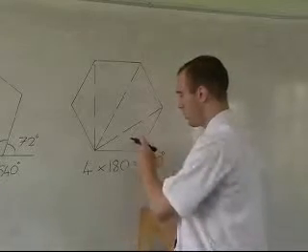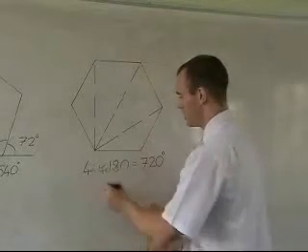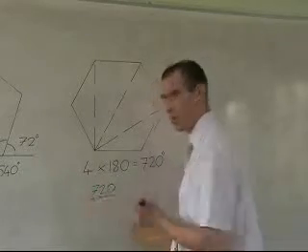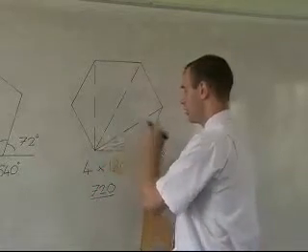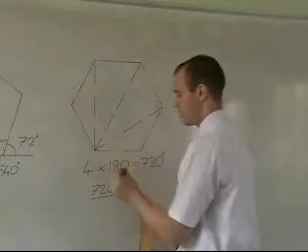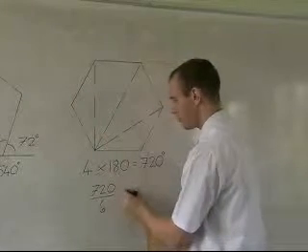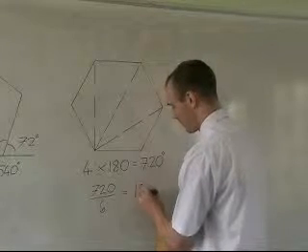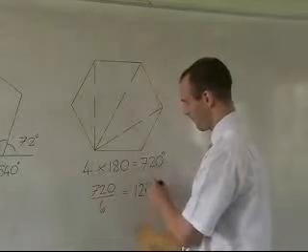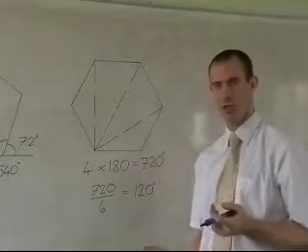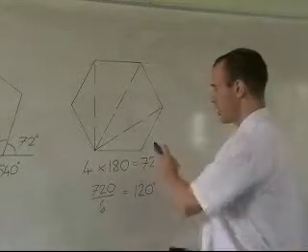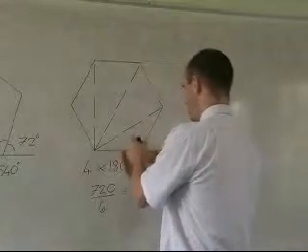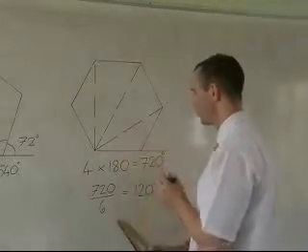If we're looking for one of the internal angles, we need to do our 720 divided by how many angles there are: 1, 2, 3, 4, 5, 6. Which is 120. If we were then to continue and work out what the external angle is, again we draw our little line in to show the external angle.